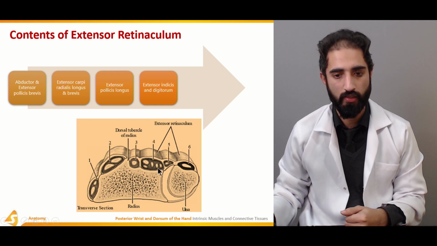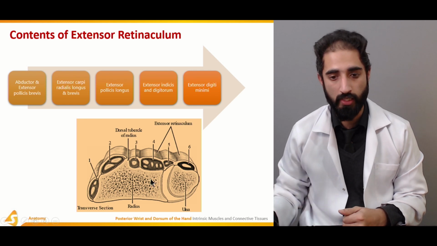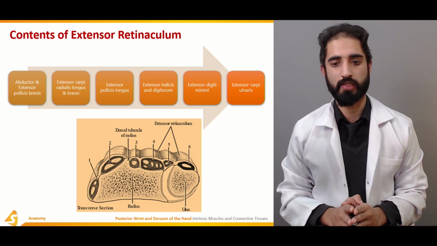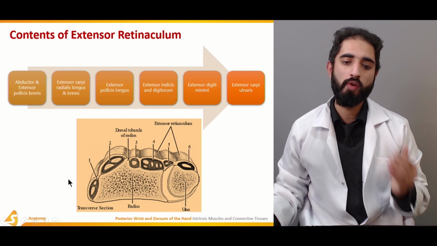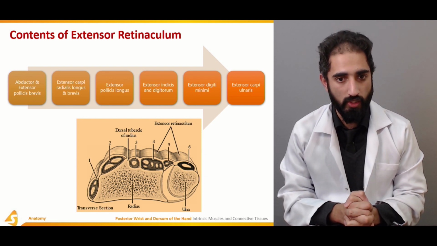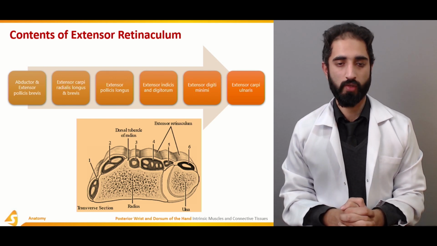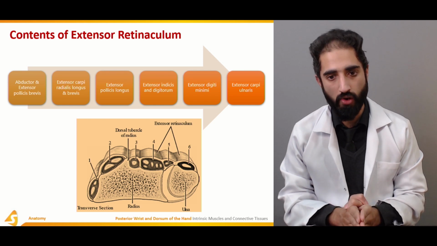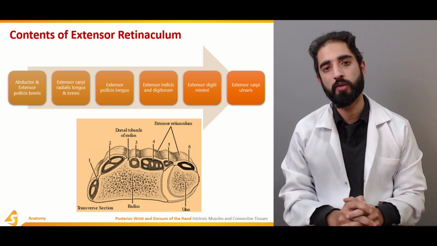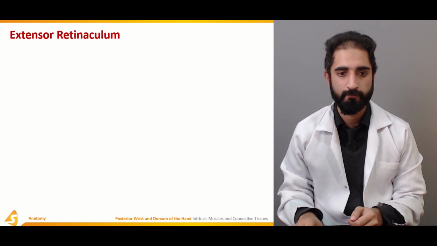The fifth is the extensor digiti minimi, and the one on the most medial aspect is the extensor carpi ulnaris. So moving from the lateral towards the medial aspect, we have the abductor pollicis longus and extensor pollicis brevis, then the extensor carpi radialis longus and brevis, then the extensor pollicis longus, then the extensor indicis and extensor digitorum, then the extensor digiti minimi, and the most medial one is the extensor carpi ulnaris.